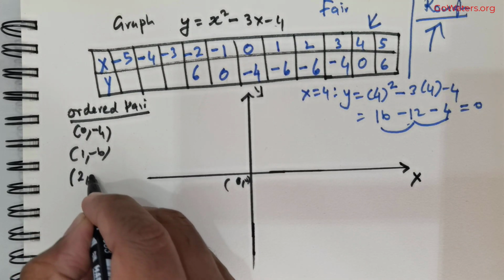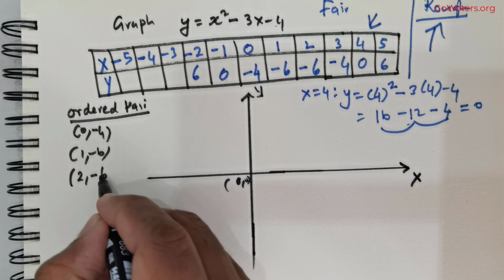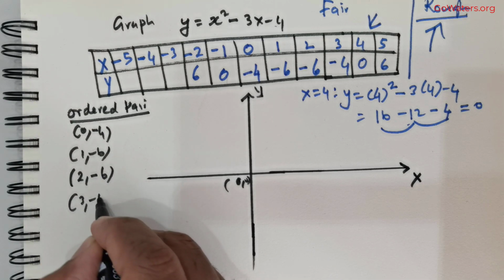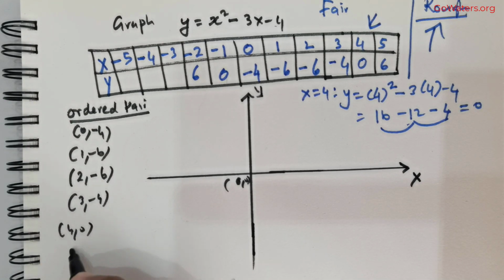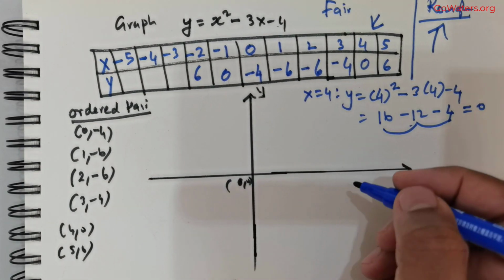This will help you not to make any mistakes. And 2, -6, and 3, -4, and 4, 0, and 5, 6. Right? So you can have a chart. 0, -4.